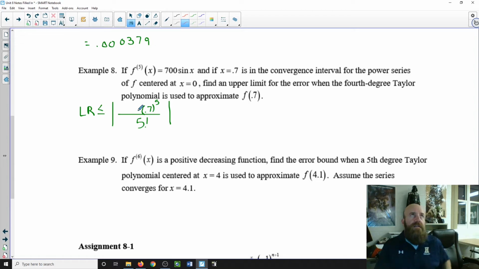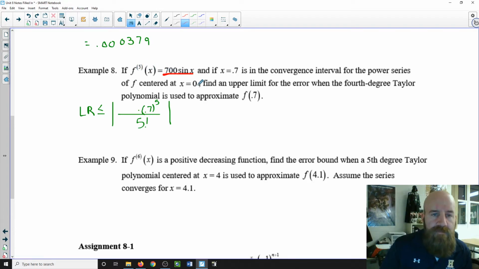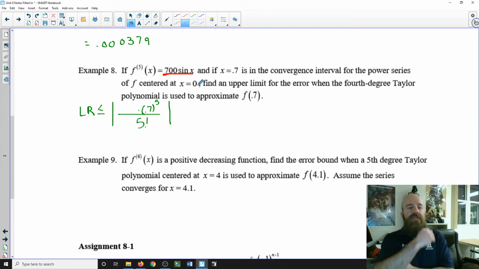So we need to think a little bit about this. So if we look at the fifth derivative, that's 700 sine x. So the maximum value of sine. So let's think about this. Back in trig, we talked about max and minimum of sine and cosine.